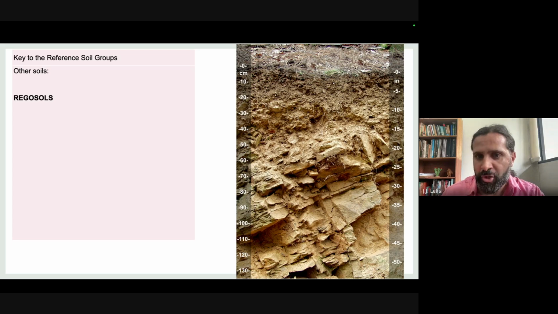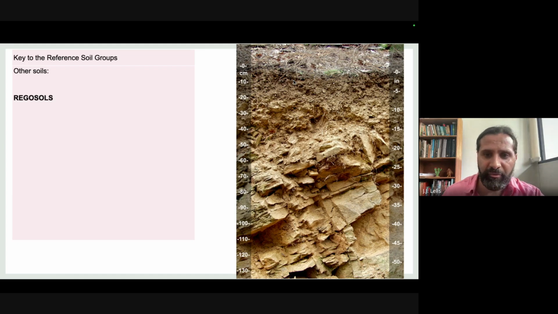For example, I'm showing you here a soil with the rock quite close to the surface, but not close enough to be a Leptosol. We have a horizon that is dark, but not dark enough to be an umbric, a mollic or a chernic horizon. We do not register stagnic properties. We do not have concentration of salts, calcium carbonate, silica, iron. We do not register any huge amount of organic carbon.